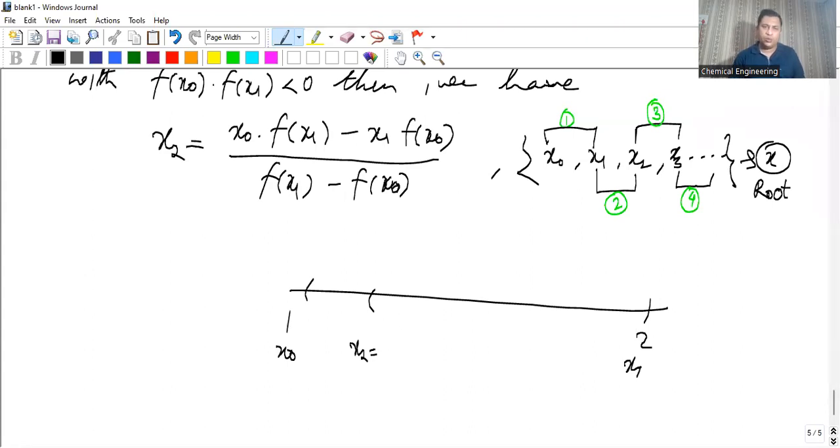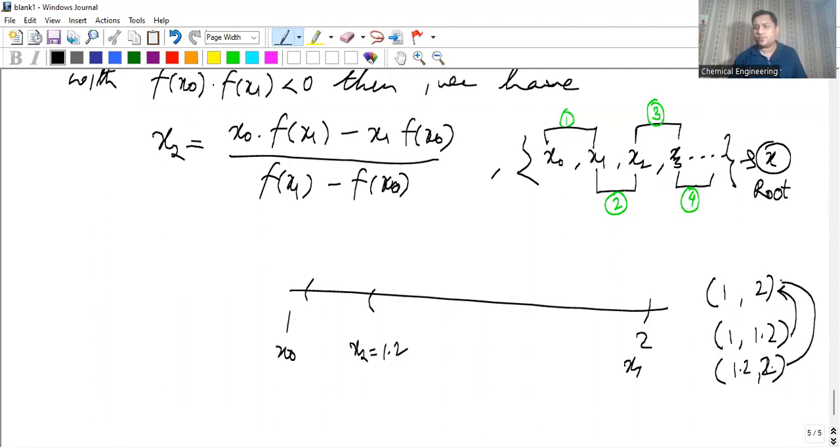For example, we take 1.2. Our initial interval was 1 to 2. The next interval, whichever you choose, will be either 1 to 1.2, or 1.2 to 2. Both of these intervals are inside the original. Is that okay? Yes.